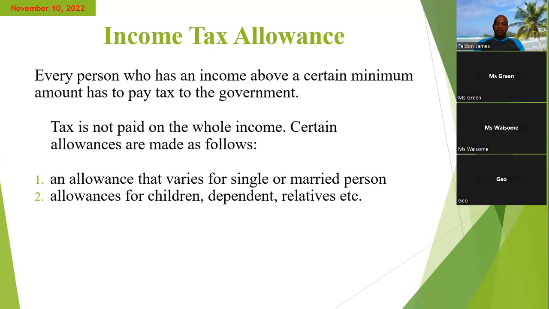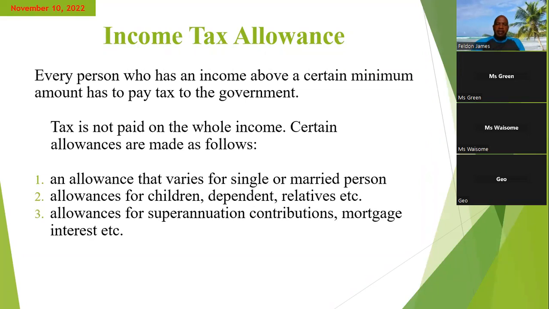That means if you have children, or persons depending on you, maybe a mother or father that is depending on you, or other relatives that depend on you, they will take that into consideration.